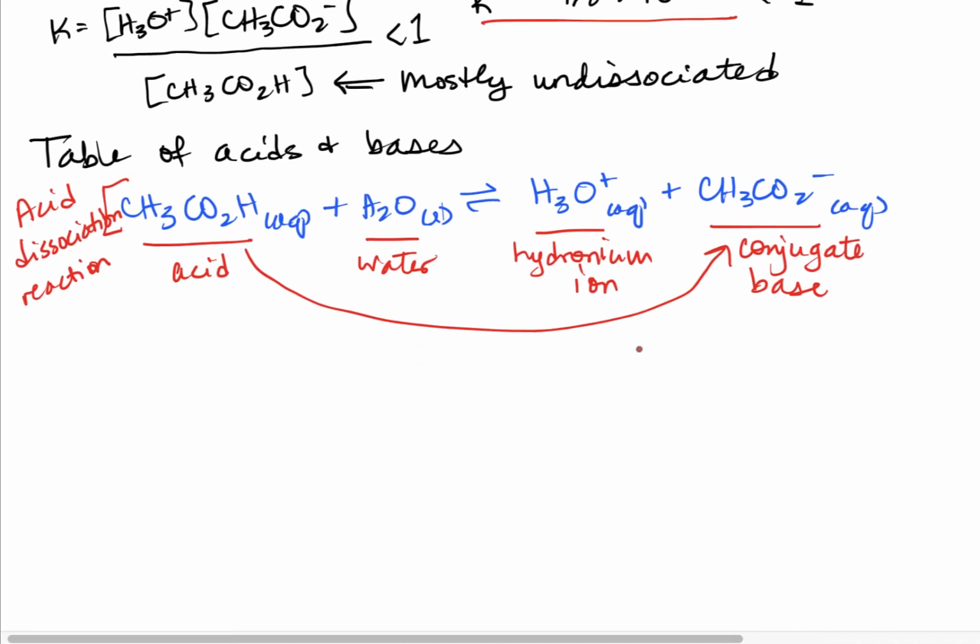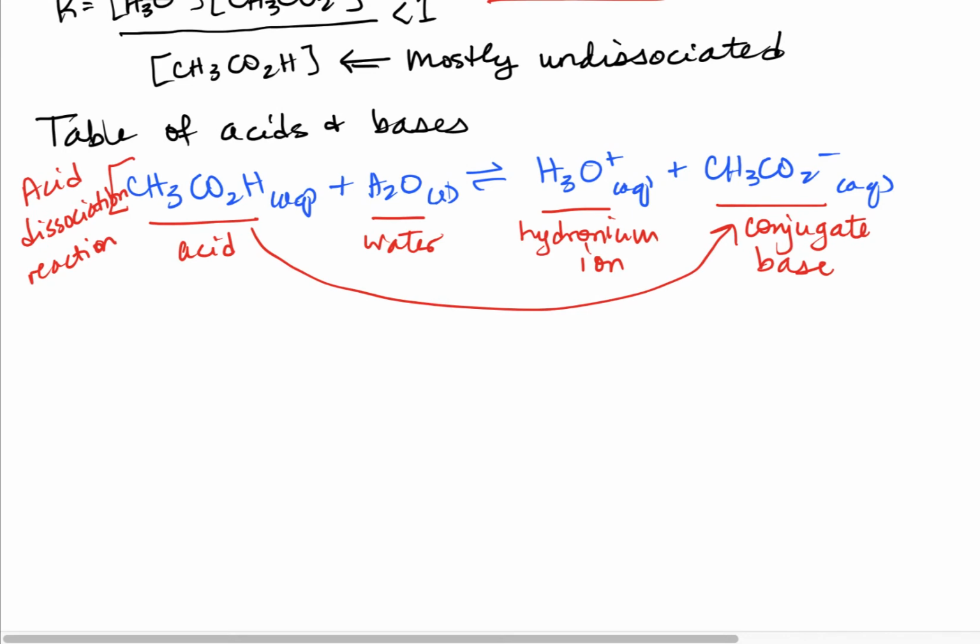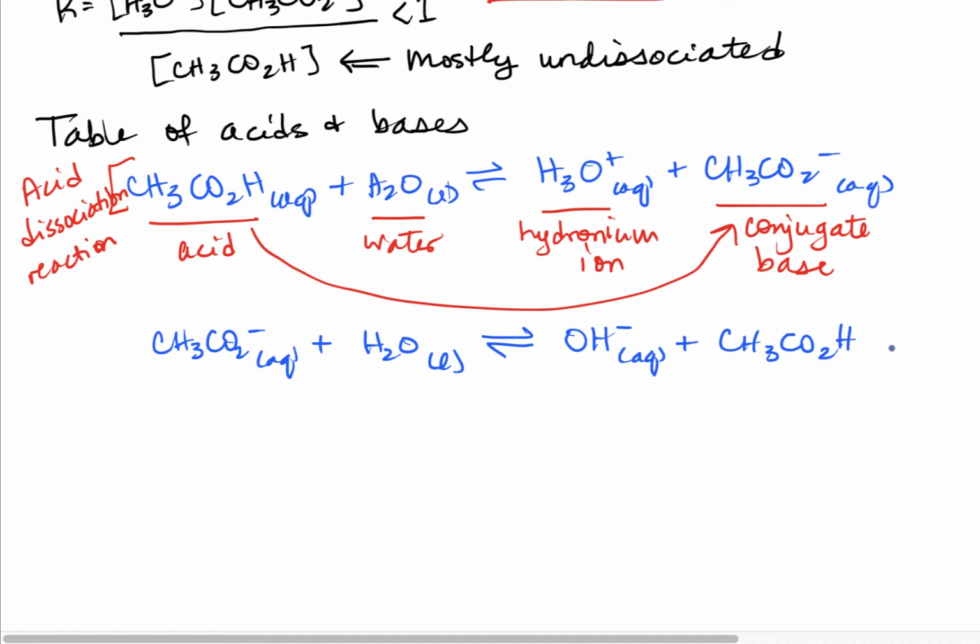And we can take that same conjugate base and write a base hydrolysis reaction, showing the opposite direction of this reaction, showing how this acetate can also act like a base. If it's acting like a base, it's going to accept a proton from the water, which makes the water turn into hydroxide ion, and then we reprotonate that acetic acid.